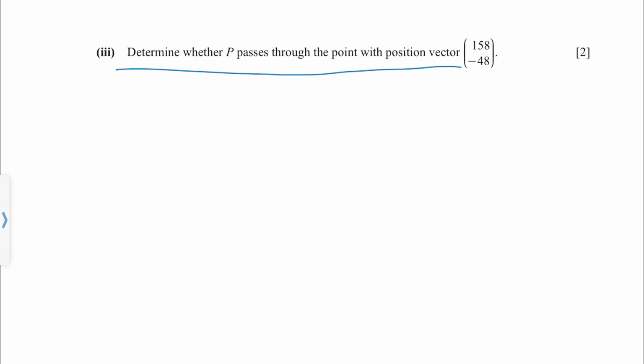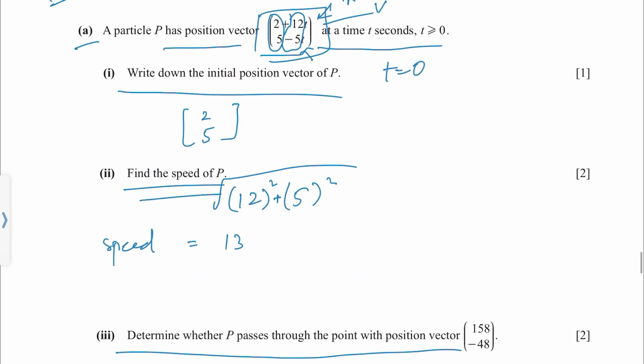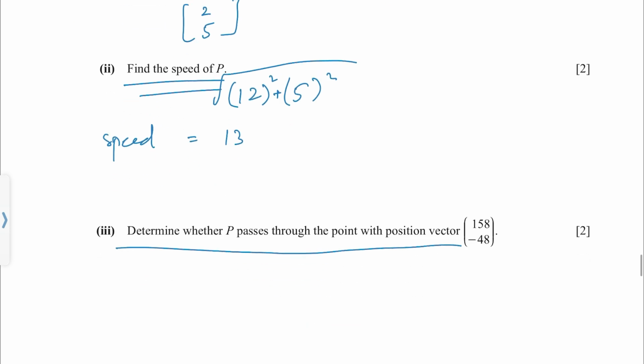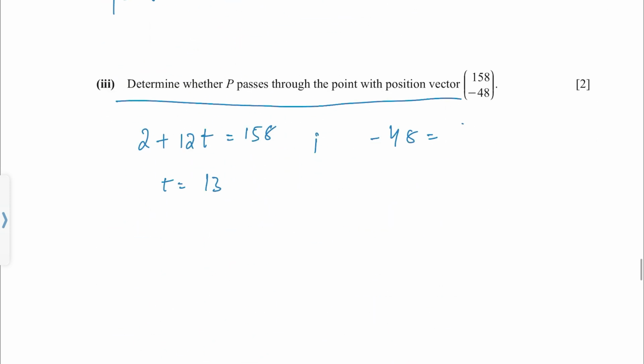Determine whether P passes through the given position vector. For that, we'll be using both equations. 2 plus 12t is equal to 158. Calculating our t, t is 13 here, and for minus 48, 5 minus 5t, t would be 10.6.